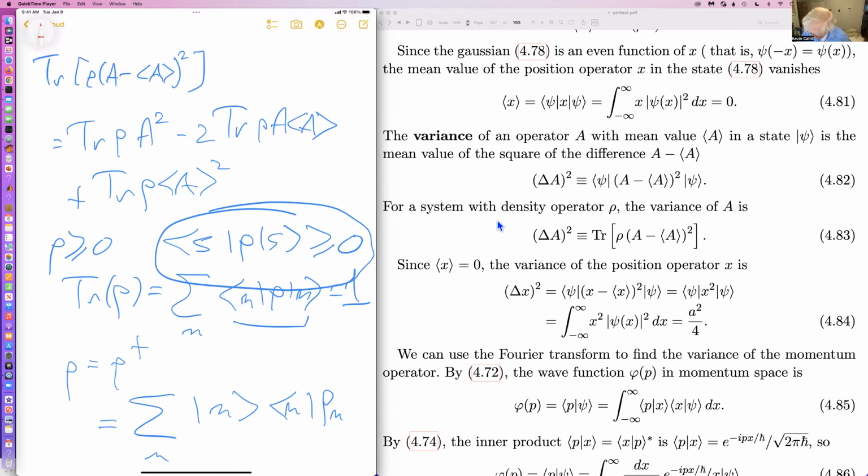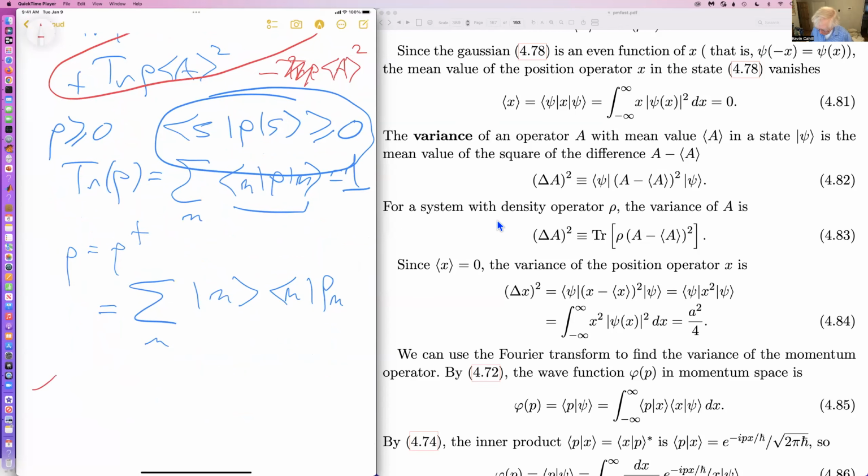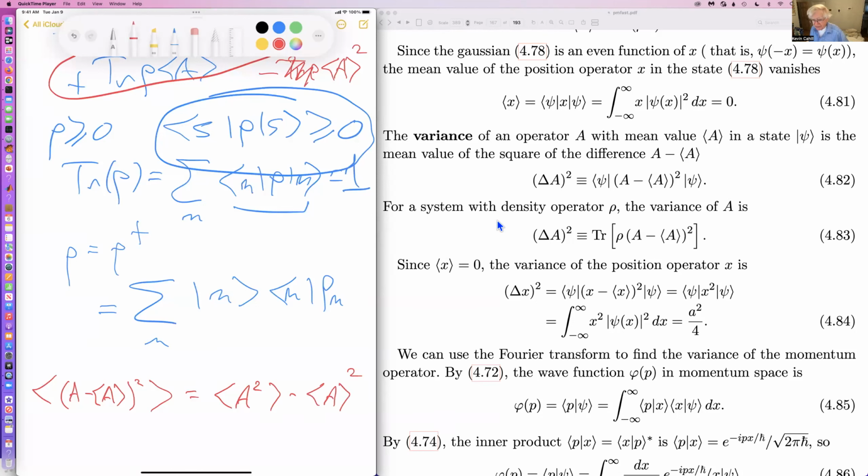So right, the variance then, which is A minus the average, is the average value of A squared minus the square of the average value of A.